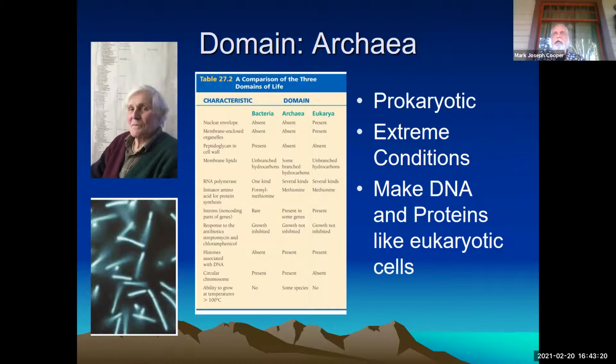And so his idea was that although structurally, very superficially, they're more like bacteria, the way they make their DNA and the way they make their proteins are more like eukaryotes, more like us. And so he thought that, hey, we need to elevate this to a different grouping. So he got his sixth kingdom, and then he did the domain.